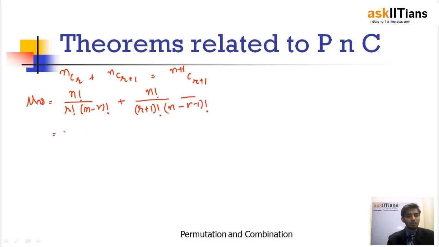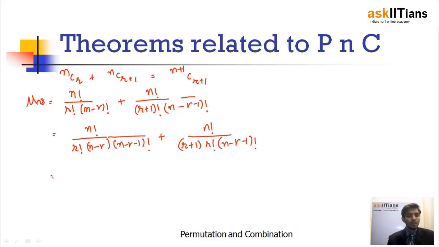Now this again is equal to n factorial divided by R factorial. n minus R factorial is n minus R into n minus R minus 1 factorial, and here this is equal to n factorial divided by R plus 1 factorial, which is R plus 1 into R factorial, and n minus R minus 1 factorial. Now if I take n factorial divided by R factorial into n minus R minus 1 factorial common, then I will get 1 by n minus R plus 1 by R plus 1.